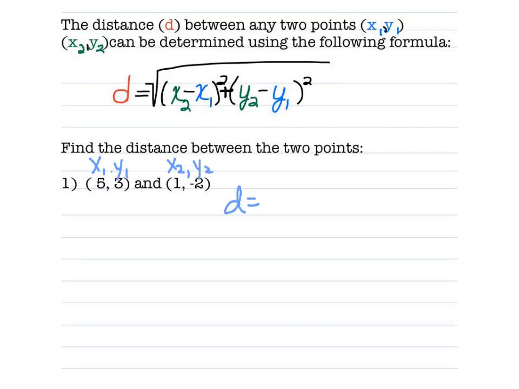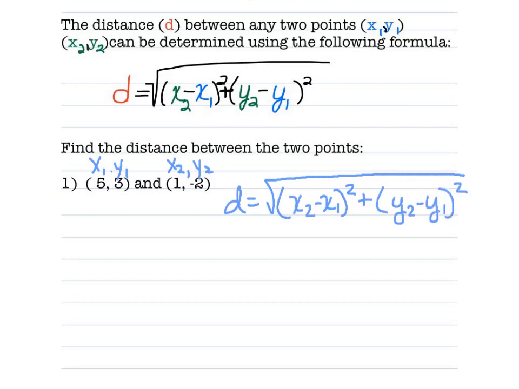Distance equals the square root of (x2 minus x1) squared plus (y2 minus y1) squared. Okay, the next step is to substitute into my formula. So let's do that.